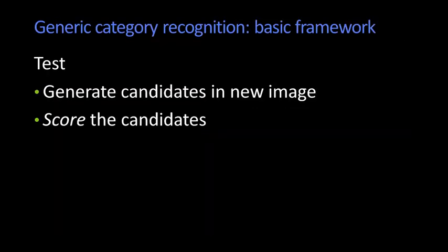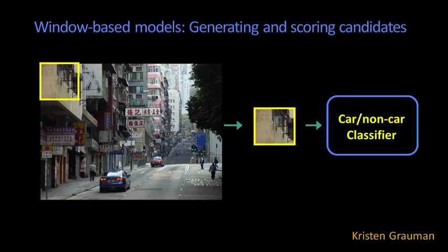Now, once you do that, you have to come up with some way, given some new image, to test it. Remember we talked about how you have to generate these new candidates and score them. So here's the basic idea. You start off with a window, and Kristen is really good at this animation, right? You might take that window of a particular size and you scan it all over.